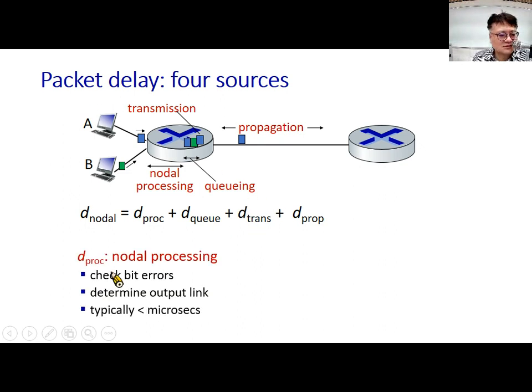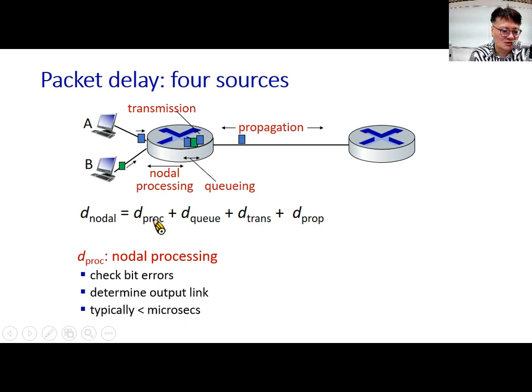For nodal processing, what do we need to check? First is checking for bit errors, because packets from A and B need to be sent to the queue.